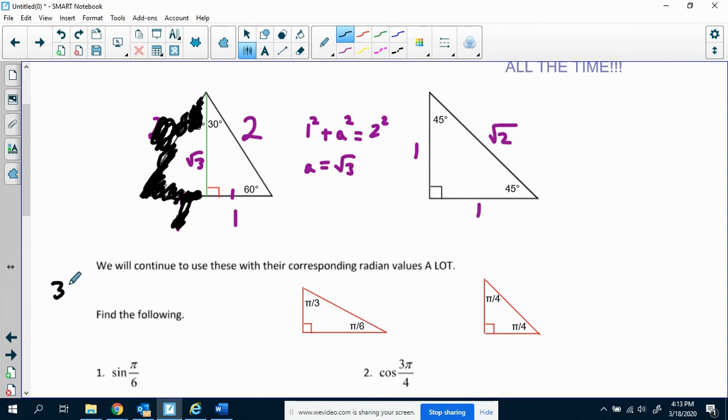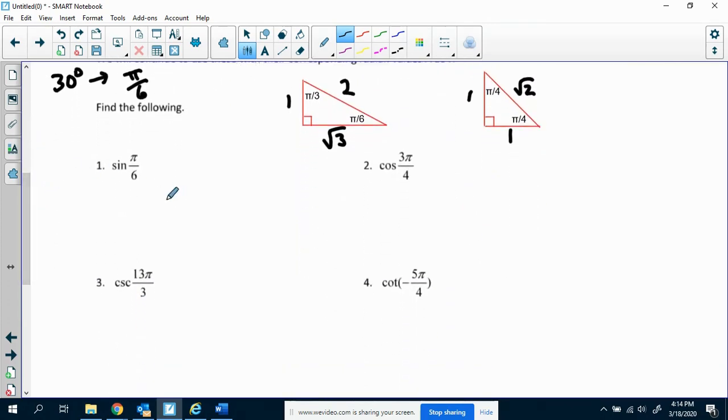So if I have a 30-degree angle, I can convert that to radians, and it'll be pi over 6. So if I look at pi over 6, pi over 3, and pi over 2, I have the exact same situation that I have in a 30, 60, 90 triangle. Same thing with a 45, 45, 90, and pi over 4. I'm going to use these triangles a lot, even if I have radians.